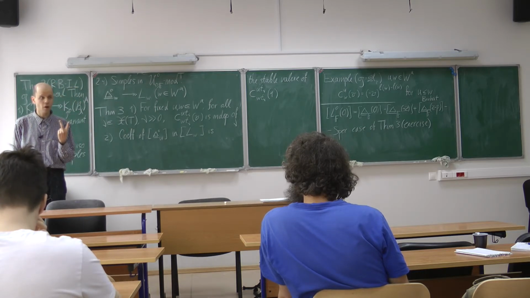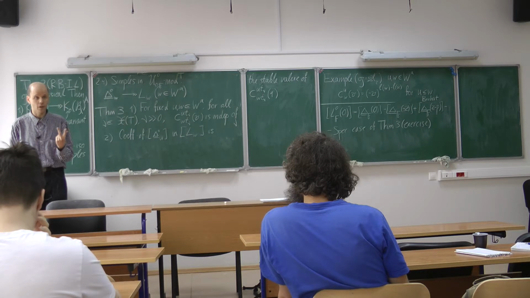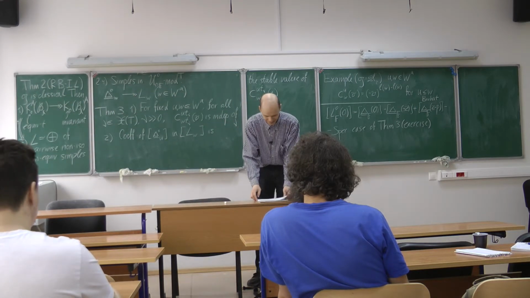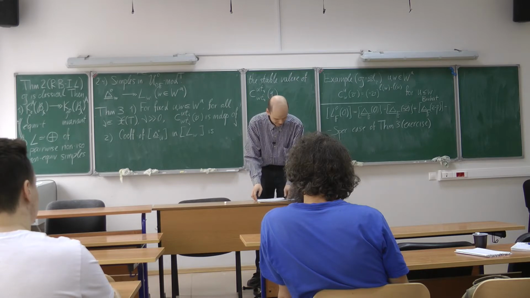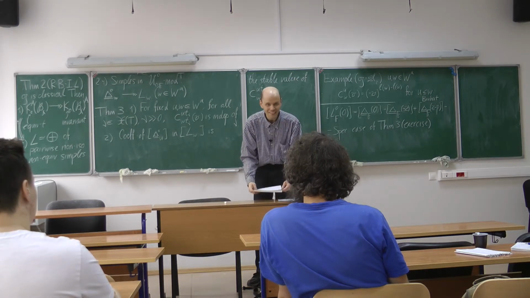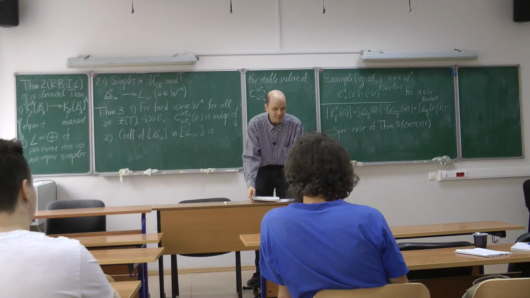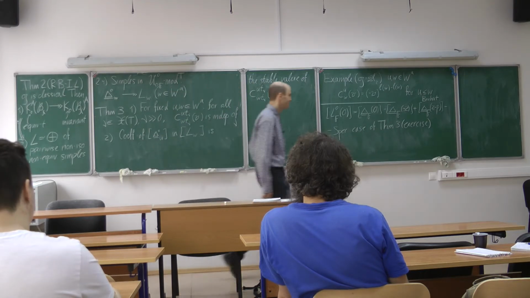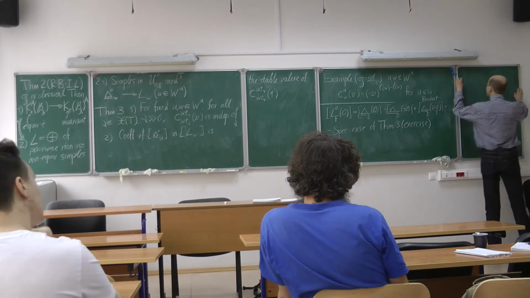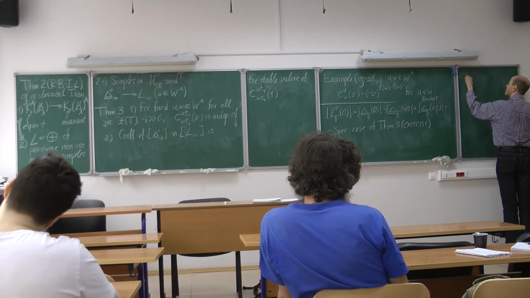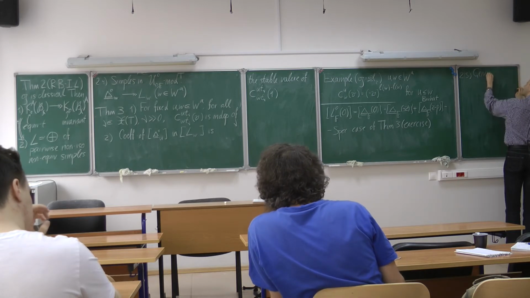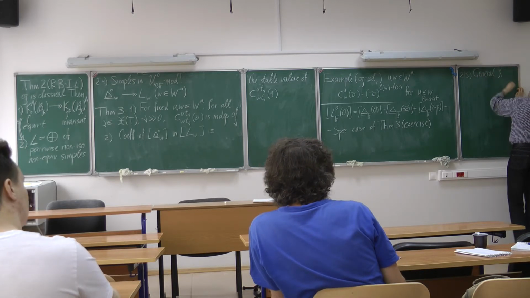Now I'm going to tell you what the result in the general case looks like. A warning: this work is in preparation, but this general part is more in preparation than everything else. So here we talk about general chi.